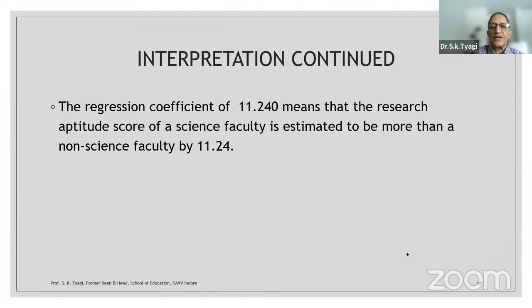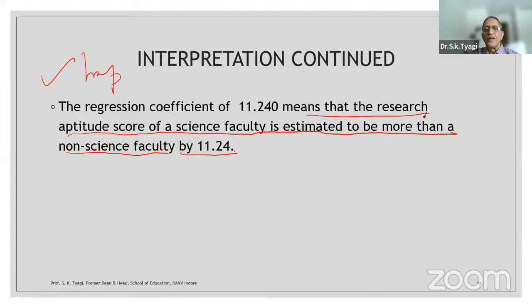The regression coefficient of 11.24, now this is important, means that the research aptitude score of a science faculty is estimated to be more than a non-science faculty by 11.24. If you are a science faculty, then you are expected to score 11.24 more marks than if you are a non-science faculty.